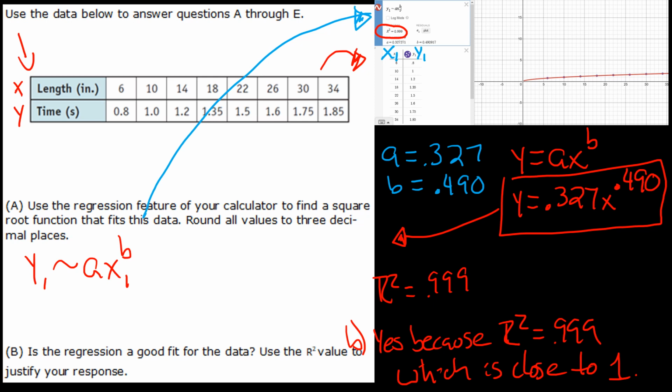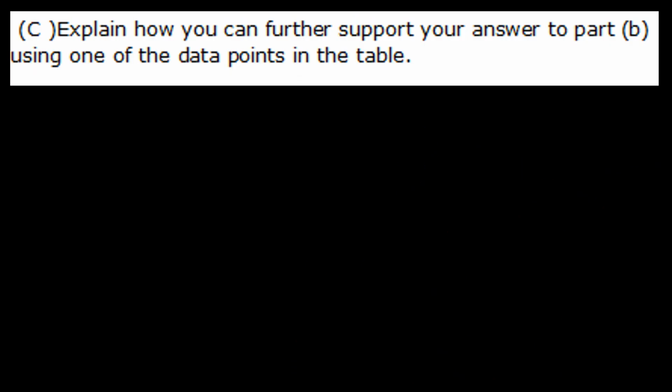Okay, but there's going to be more to it. So let's go ahead and explore that, because I know A and B you guys are pretty solid at. So in this part, guys, it's saying to explain how you can further support your answer to part B using one of your data points. Well, we know one of the data points is at 10, 1. So how do we support our answer?